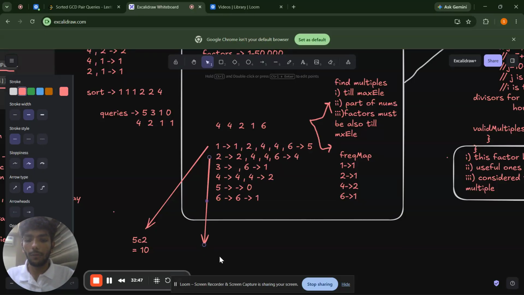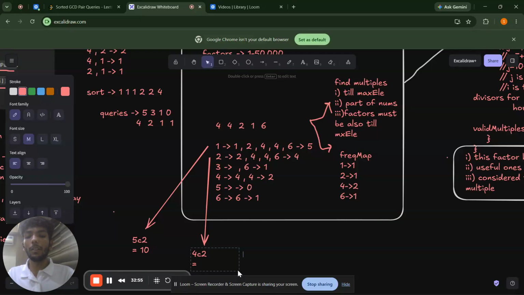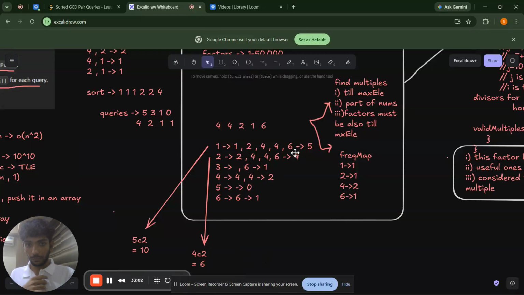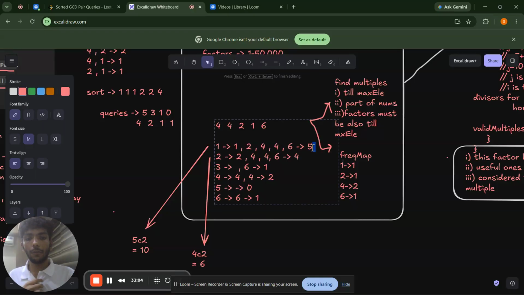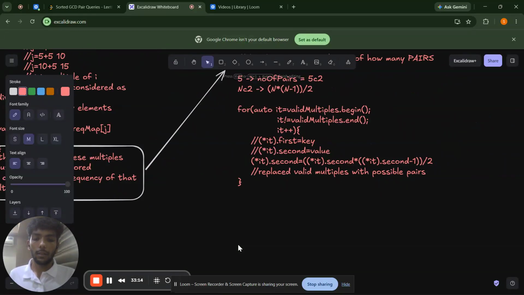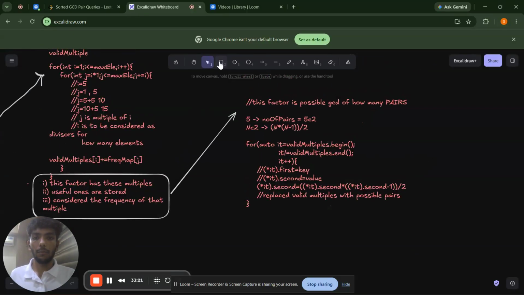For these two, we have found out 4C2, which is 4 into 3 by 2, 6 pairs. Okay. So now we have transformed this frequency of valid multiples to the frequency of valid pairs. Okay. Let's add one note about here.